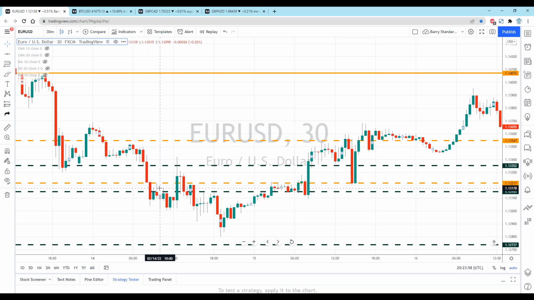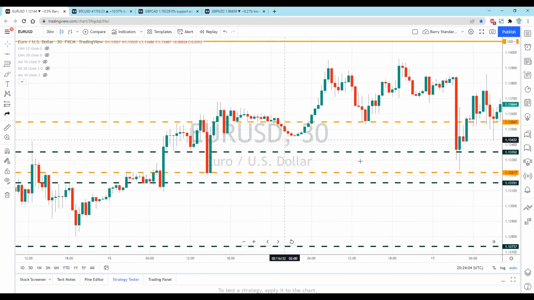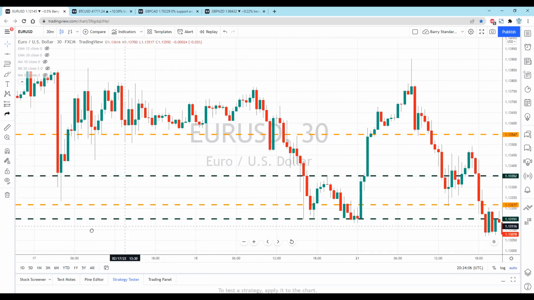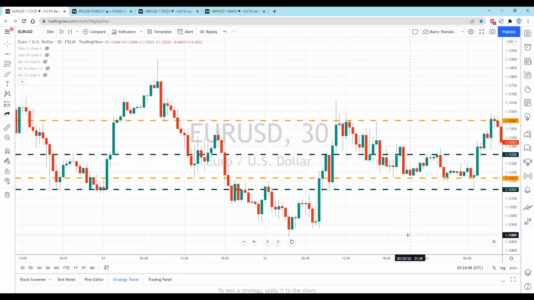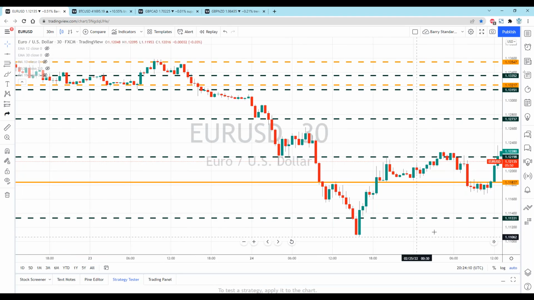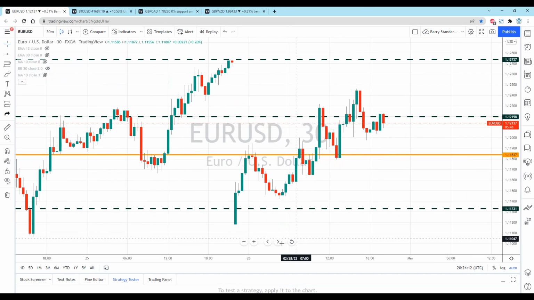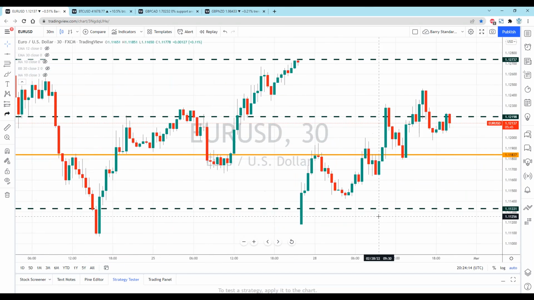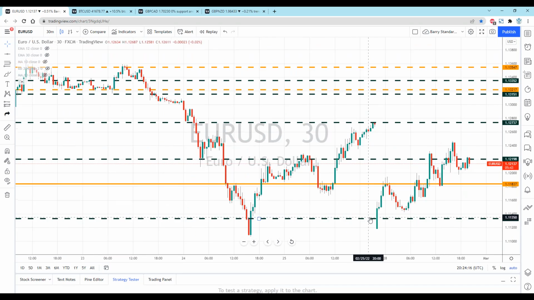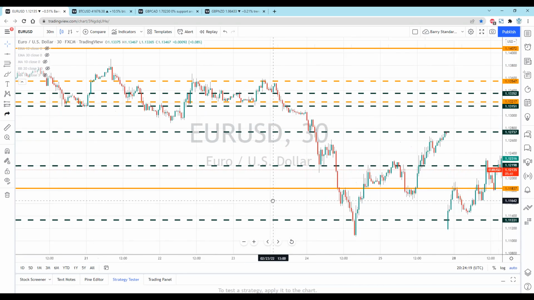I'm defining and maybe updating or looking at my levels of support and resistance that are close around the price I'm looking at, because maybe there's a price that's strategically important right now in the current range of the asset.